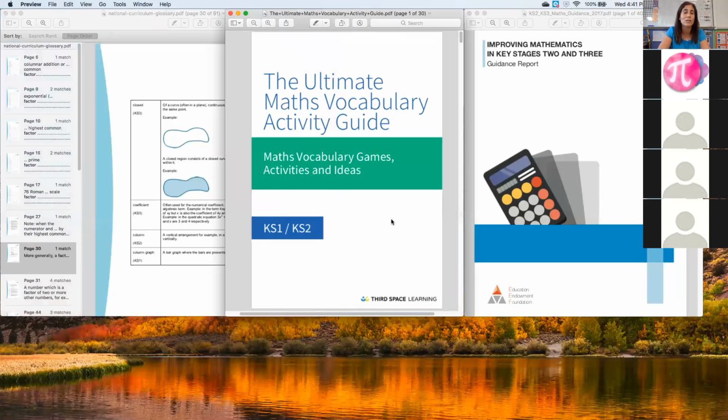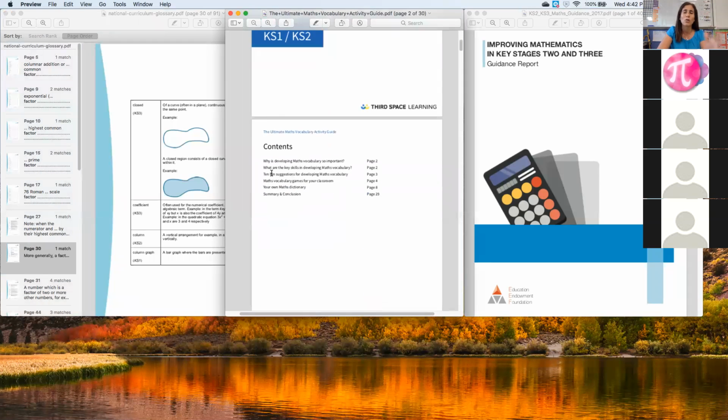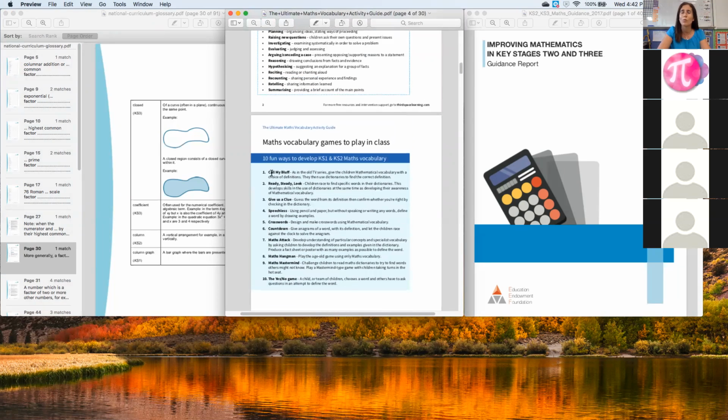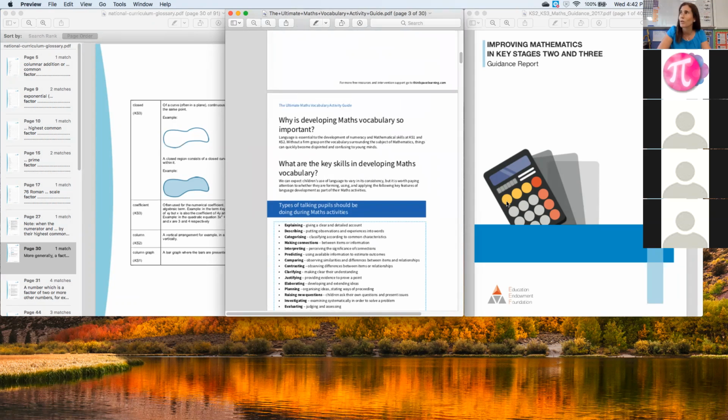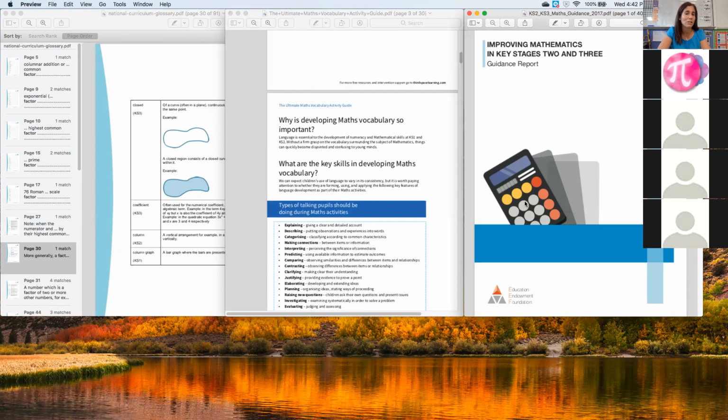Another one is a free resource that I received from Third Space Learning. It has maths vocabulary and activities, some games and ideas. I'm not going to go through it, but it's got quite a lot of fun and good stuff in there. Another great resource is Improving Mathematics in Key Stages 2 and 3 by the Education Endowment Foundation.